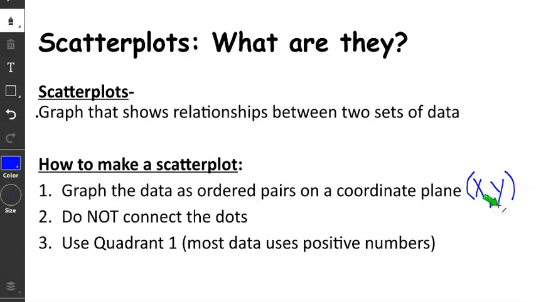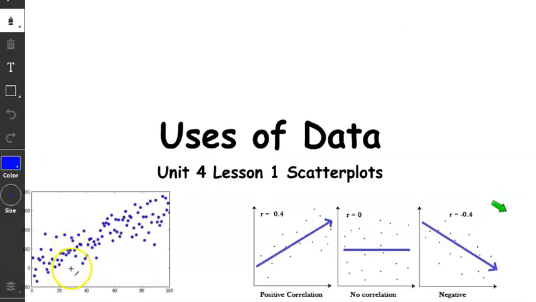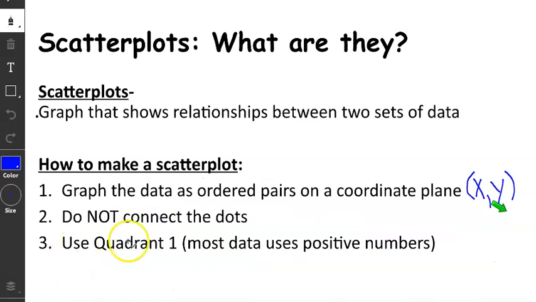Once you plot them, do not connect the dots. You're just going to see a graph, just like back here, of a bunch of points, dots. Use quadrant 1. It's the quadrant that is used most often for scatter plots because most data uses positive numbers. So that's how you make a scatter plot.